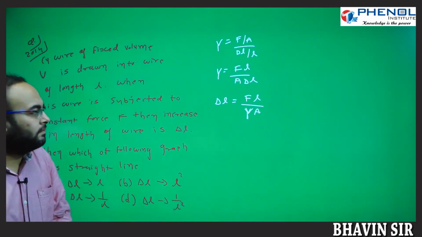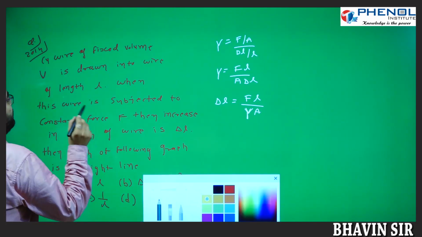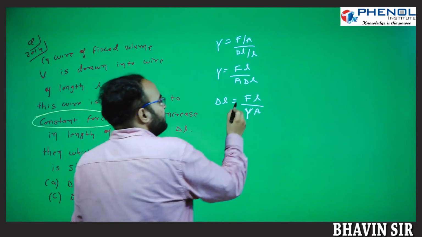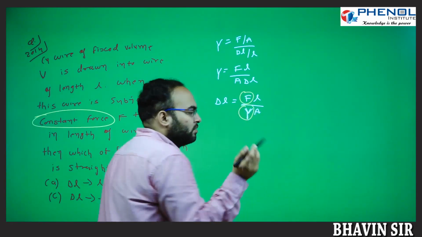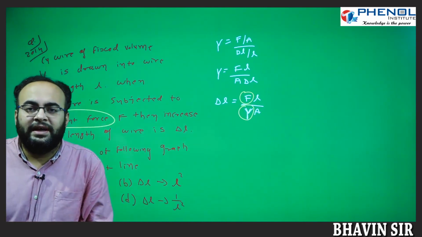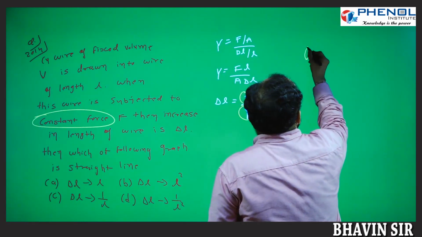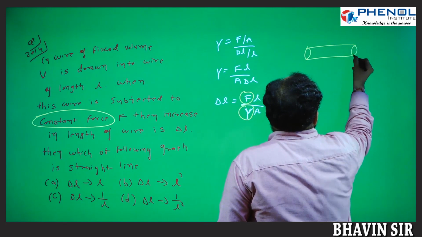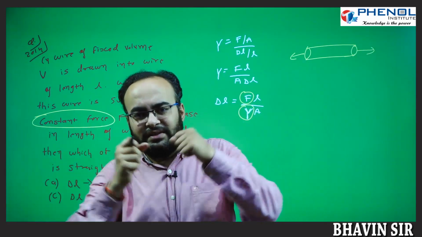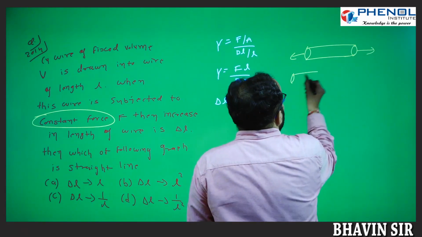See, force is constant. It is given in the question when this wire is subjected to a constant force F. So force is constant, Young modulus is also constant. But what about length and area, students? When force is applied and the wire is increased, length is increased, then its cross section area is also changed, student.